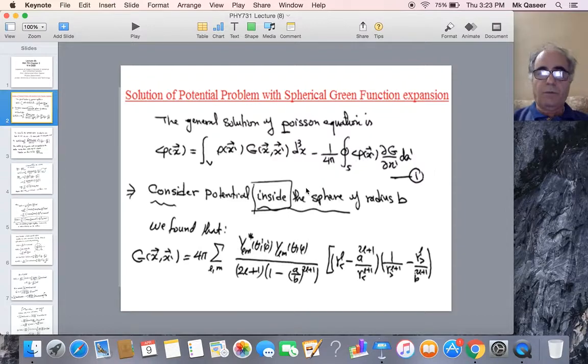Now the problem I want to solve is the interior problem, a sphere of radius b at zero potential. In the previous lecture, I solved the problem of two concentric spheres at zero potentials, and we found that the Green's function of such a problem is given by this expression, where A is the radius of the inner spherical shell and B is the radius of the outer spherical shell.